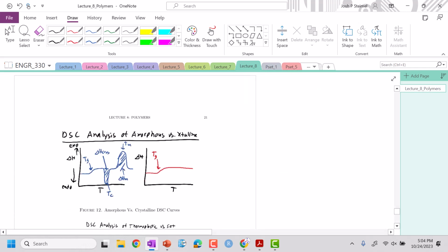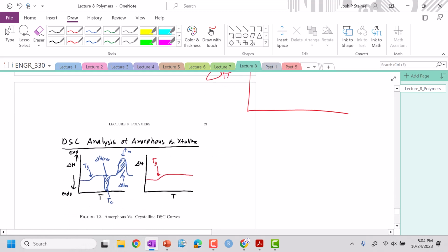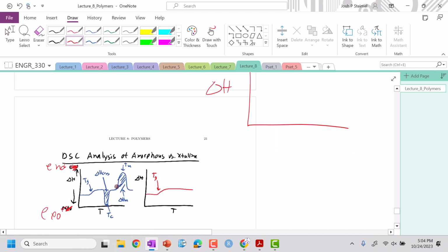When we're measuring this, typically these plots will have endo on the top, and actually here you see this is a mistake. This is exo, and this is endo. You can see that my polymer always goes through a glass transition temperature.